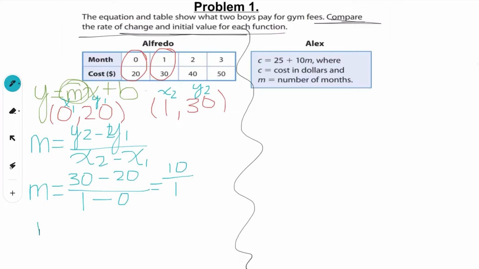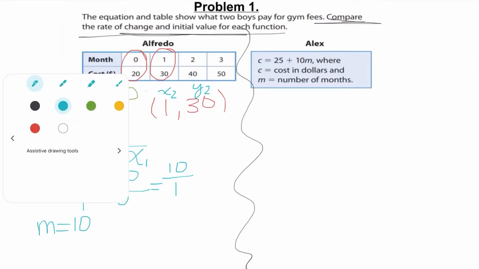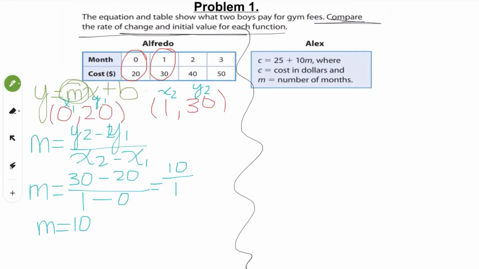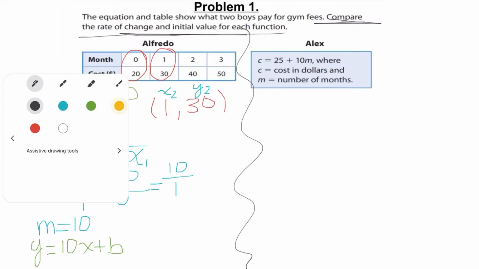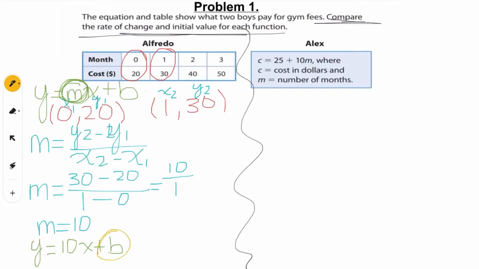So our rate of change is 10 divided by 1, which is 10. So right now, at the moment, we have the equation. I'm going to take this 10 and substitute it in place of m up here, and I have y equals 10x plus b. Now all we are missing is our initial value, b.